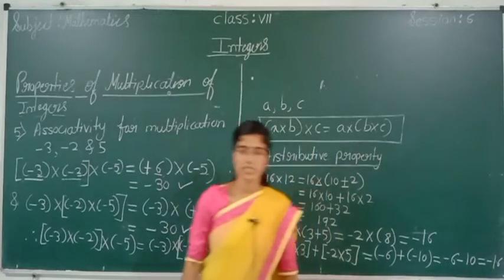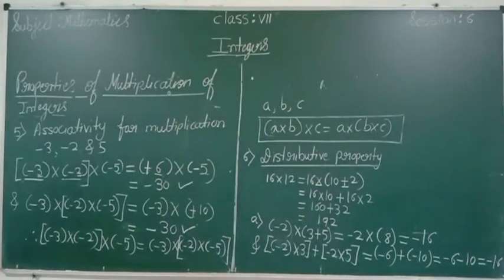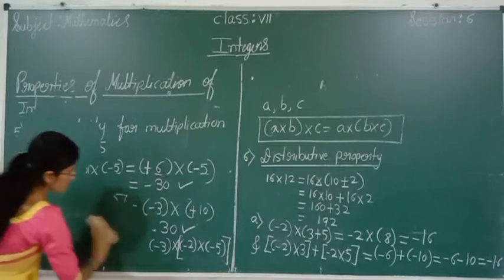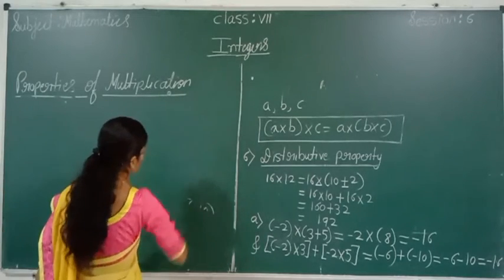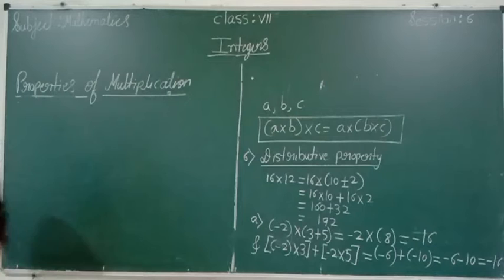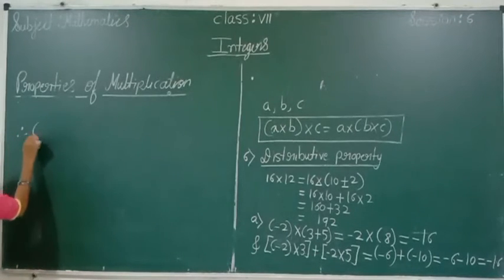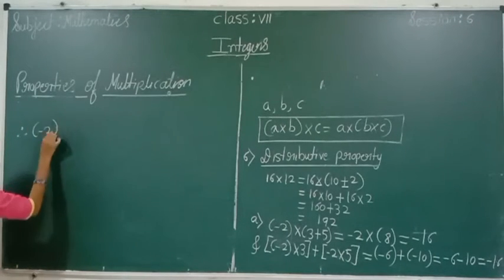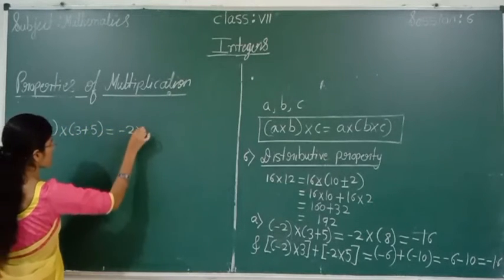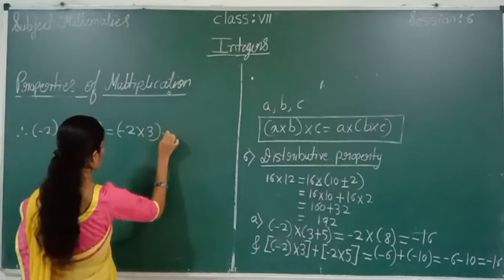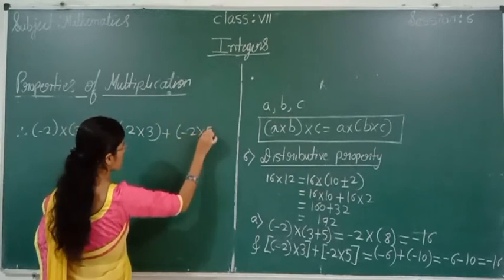We are getting the same answer. Therefore, we can write here now: minus 2 into 3 plus 5 is nothing but minus 2 into 3 plus minus 2 into 5.